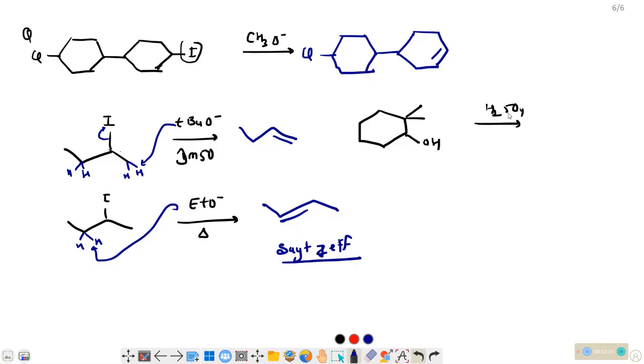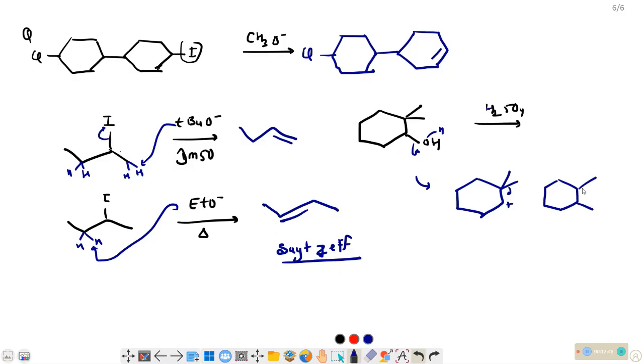Now we have here H2SO4, which will act as a nucleophile. It will give hydrogen from this to this and it will form a carbocation. Now we have seen in the previous example that this carbocation will rearrange, and this methyl group shifts to this carbon.